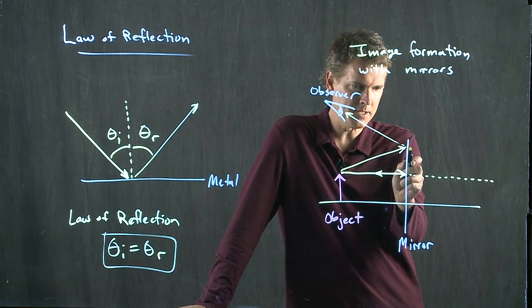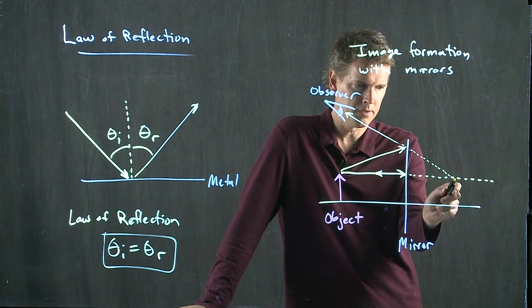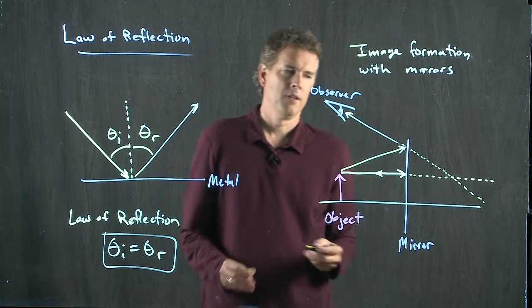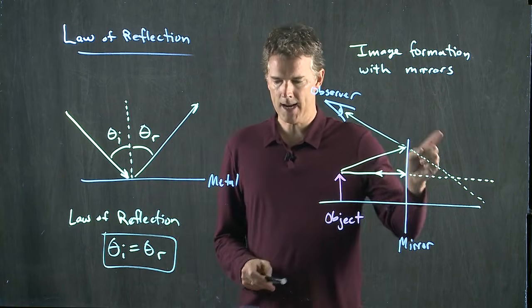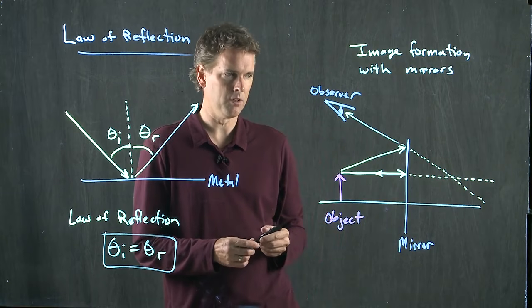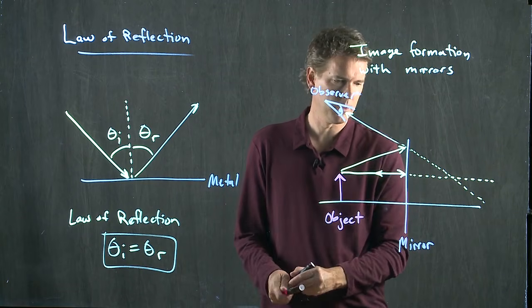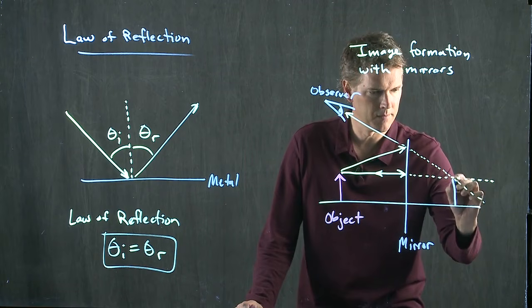And now if I take a dashed line and continue, the point where those two dashed lines intersect each other is where the image is located. So that object has an image that is right here.